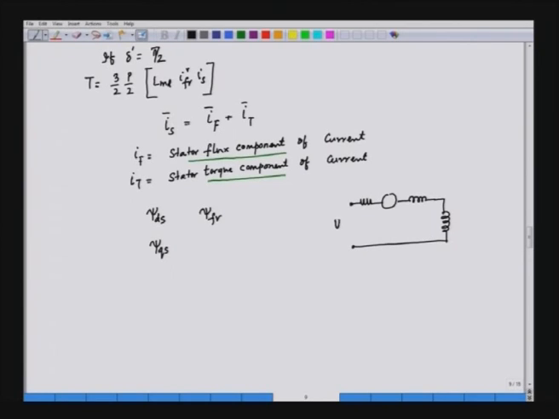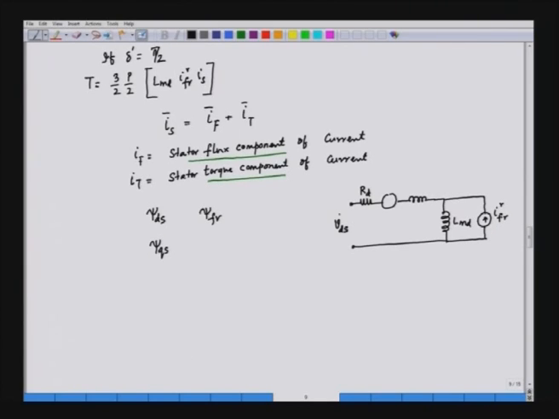Now, what we are applying here is VDS, the applied voltage, and this is our RD, the resistance of the stator, and this is LMD, the magnetizing inductance in the d axis, and the permanent magnet is represented by a current component, and this current component we call IFR, in the rotor reference frame.